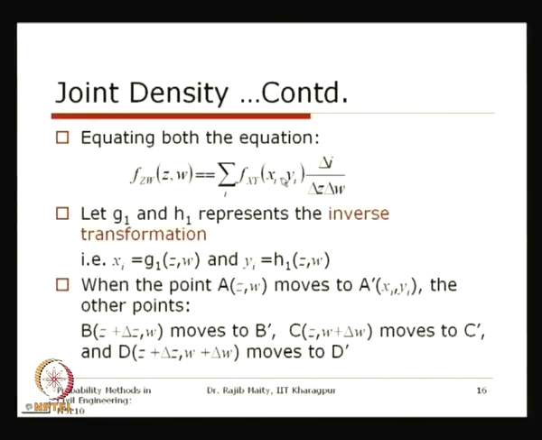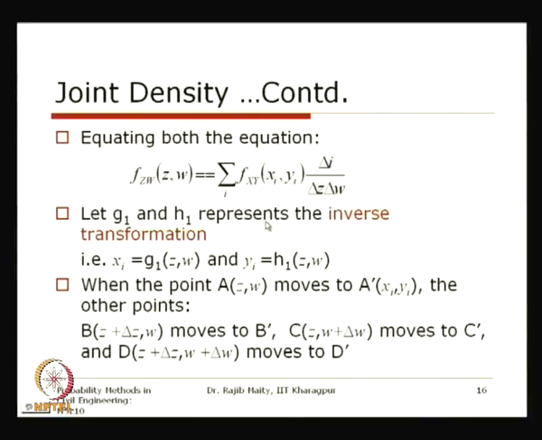This gives the joint density of z and w as a function, with delta z delta w taken in the denominator.